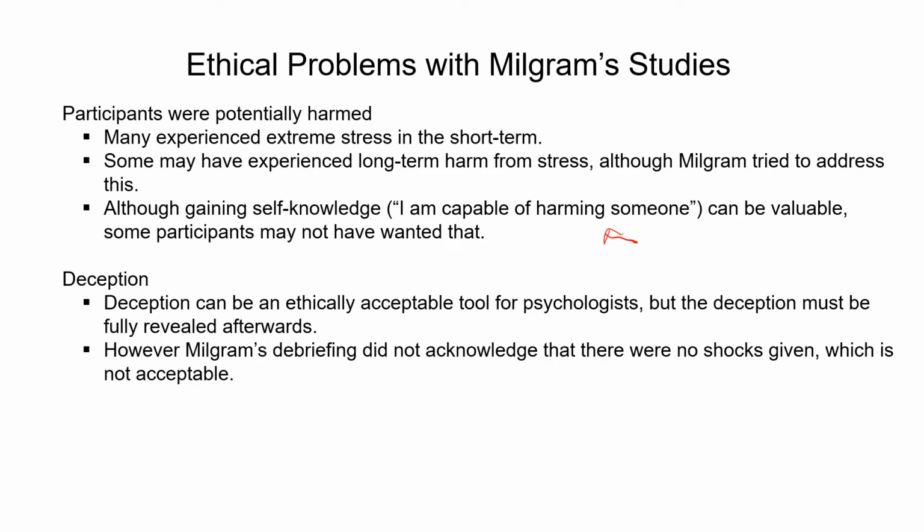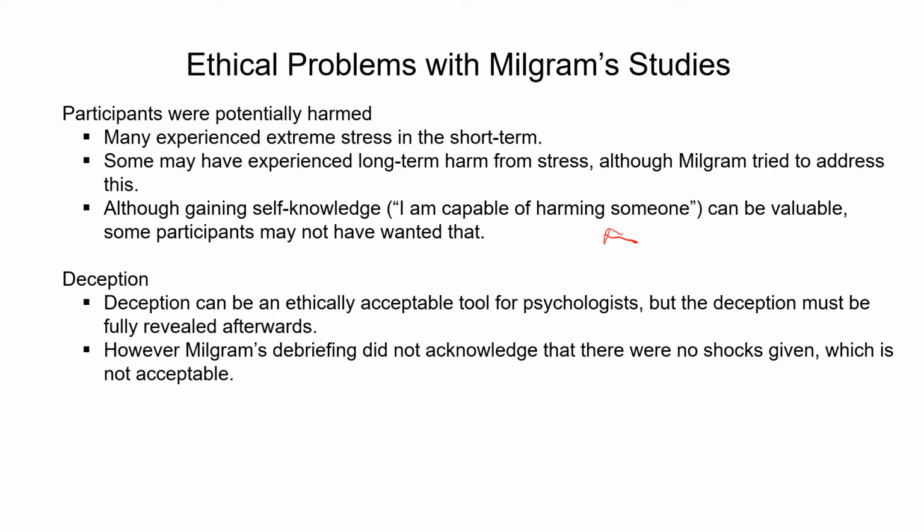And deception was used. It can be an acceptable tool for psychologists, but deception must be fully revealed at the end, and basically all attempts must be made to alleviate any distress that was caused by the deception.